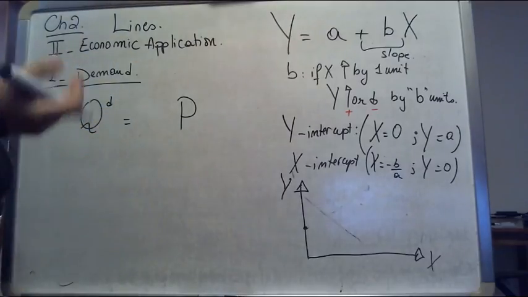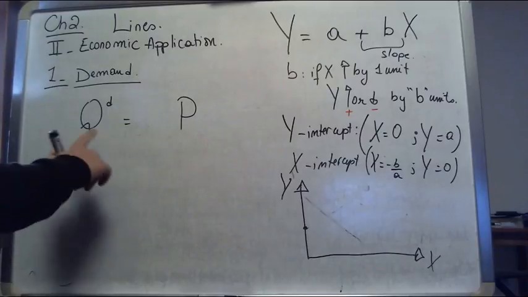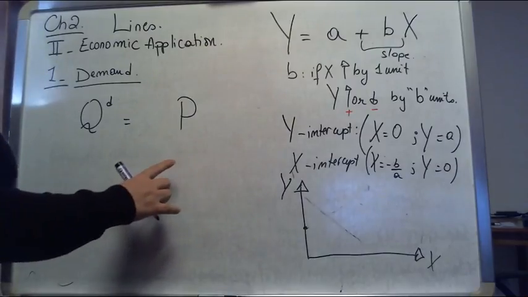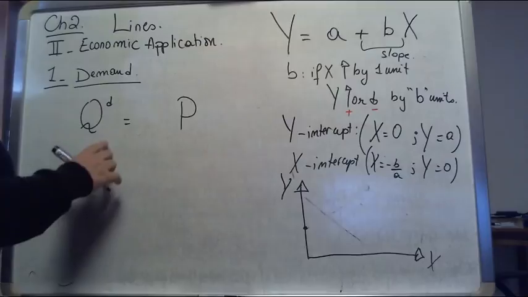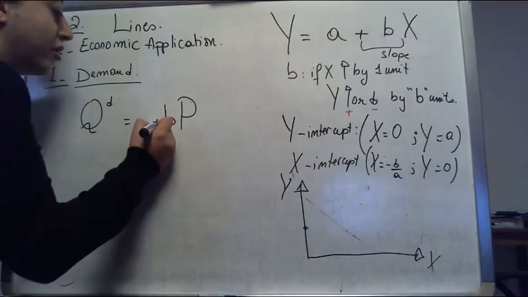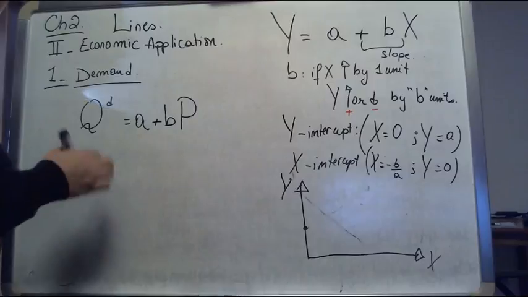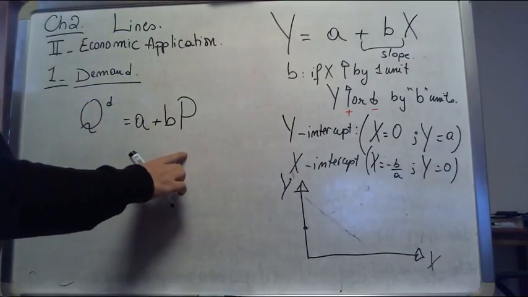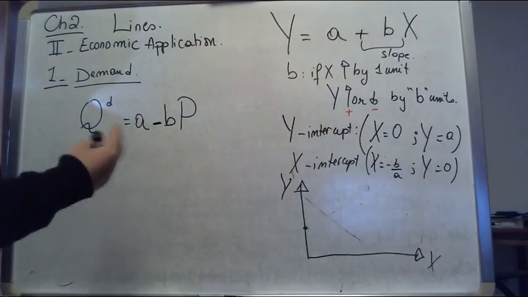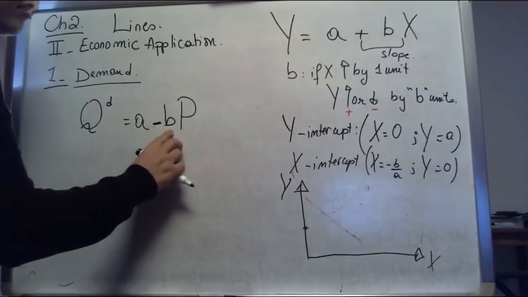If the price increases, you want to buy less, so the quantity demanded decreases. So the relationship between the quantity demanded and the price has a negative slope.